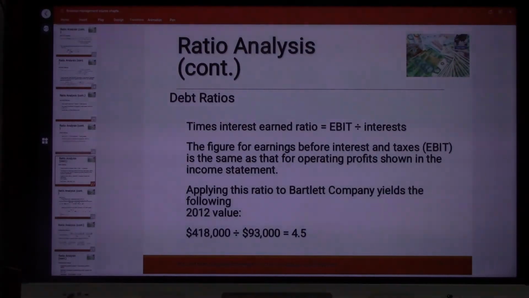In this case, we will see that the times interest earned ratio is equal to 4.5. What does it mean? It means that our earnings before interest and taxes are enough to cover our interest about 4.5 times. Is this good or bad? You need to compare it with your competitors.